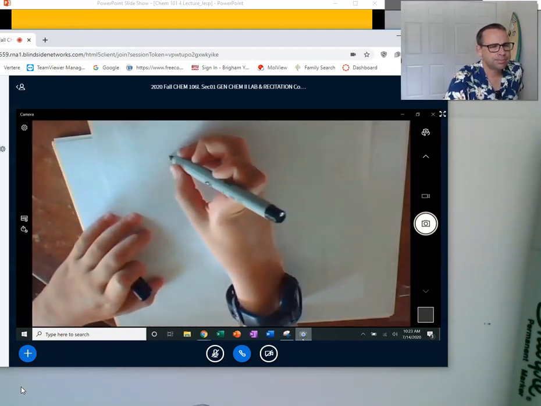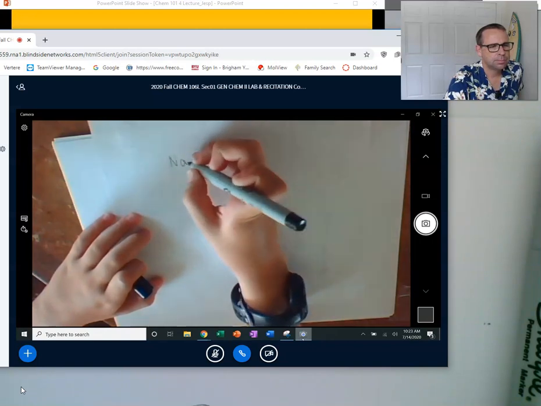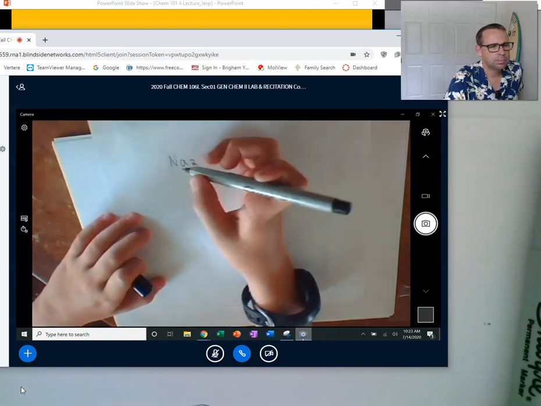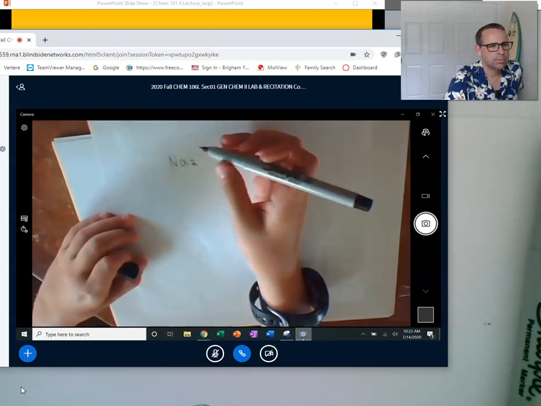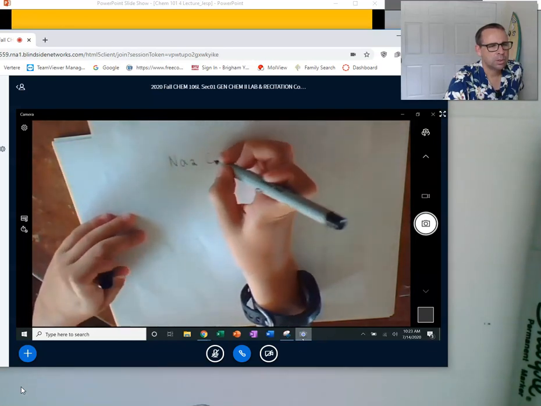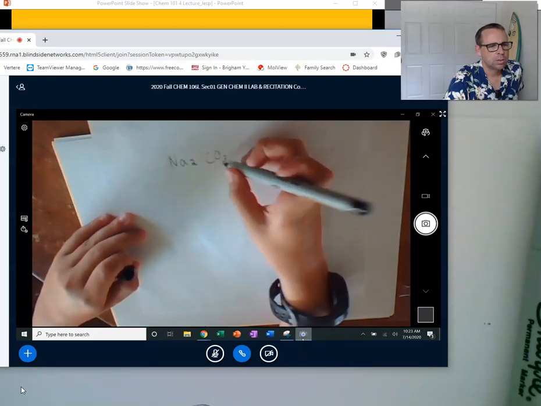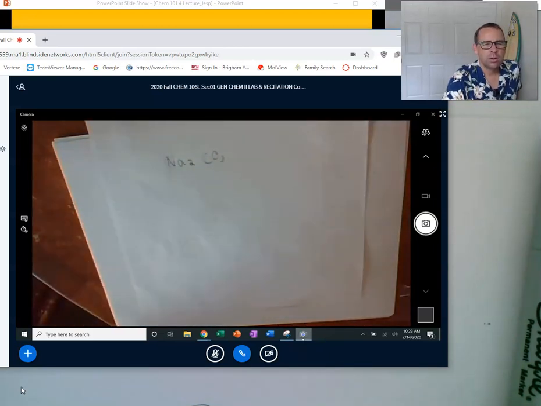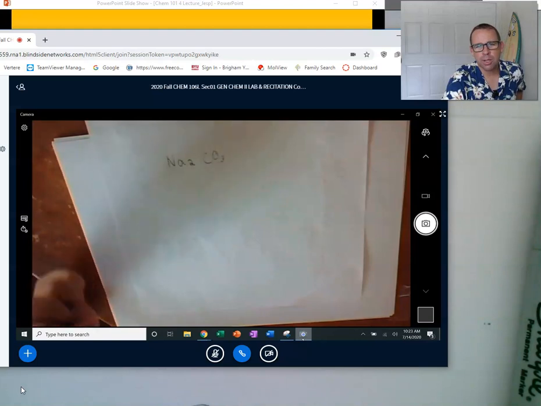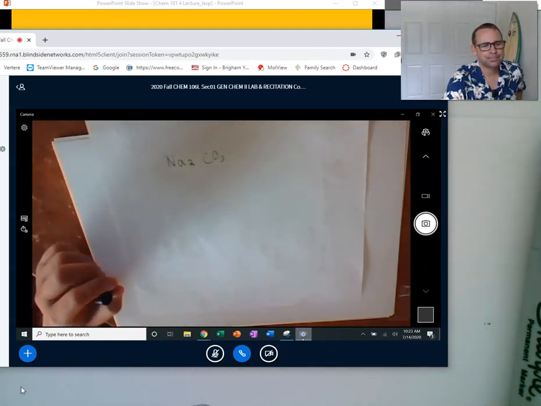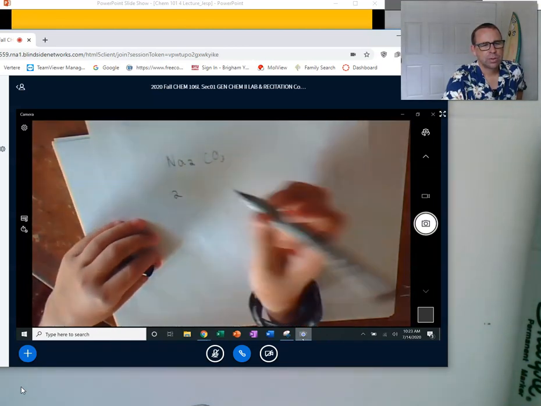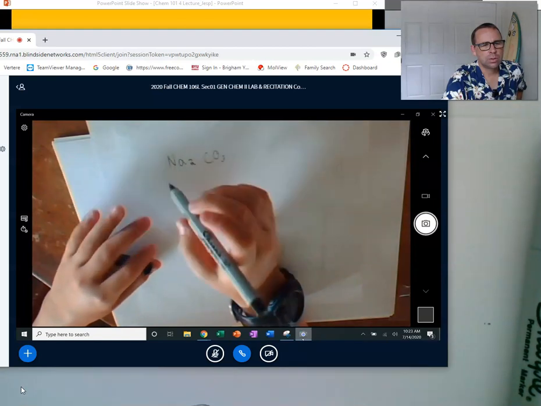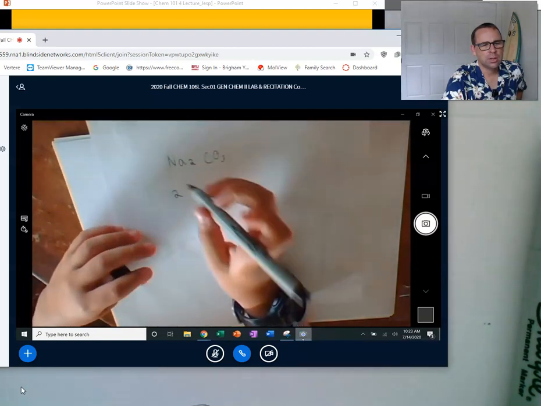Na2CO3. Very good. Now, how many grams of sodium carbonate do I need to get 1 mole? How do we do that? Oh, wait. All of it together, not just sodium? All of it together.